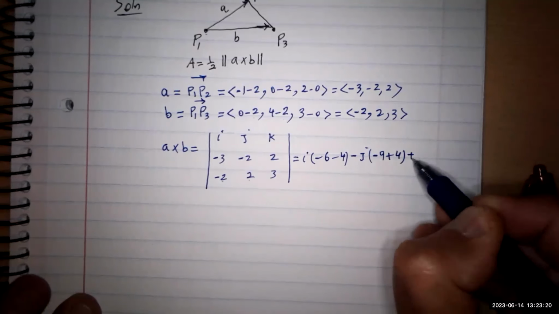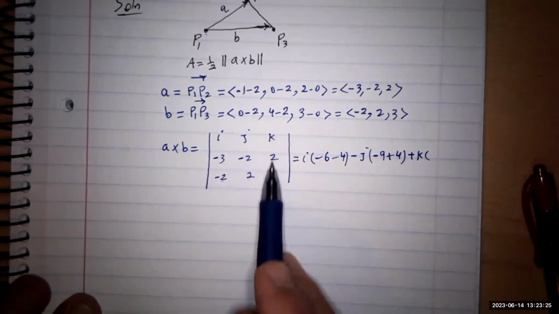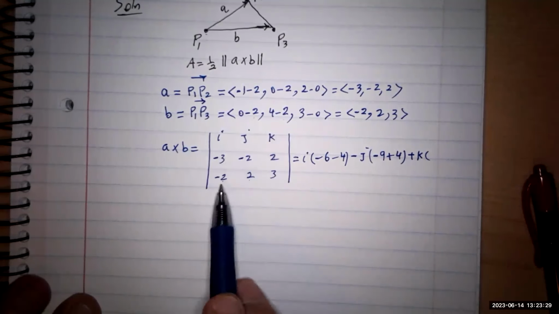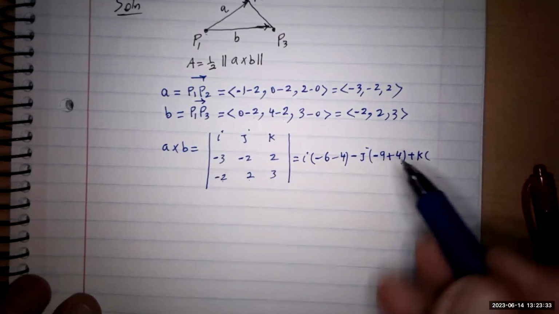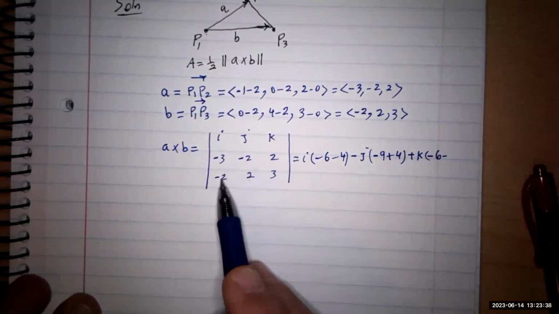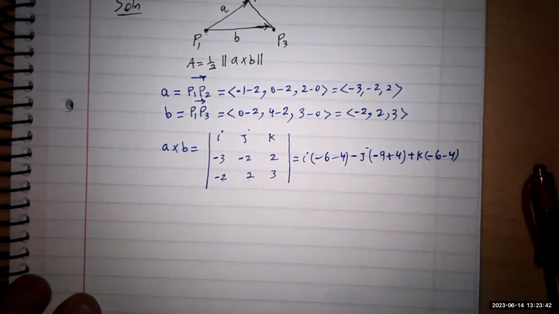Plus k times, eliminate the first row, the last column, the matrix -3, -2, -2, 2. Multiply: -3 times 2 is -6, minus -2 times -2 would be +4, but it's going to be -4, so -10.